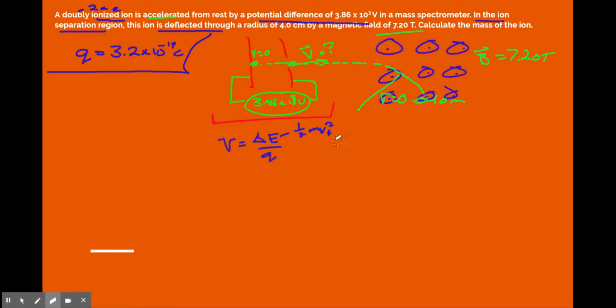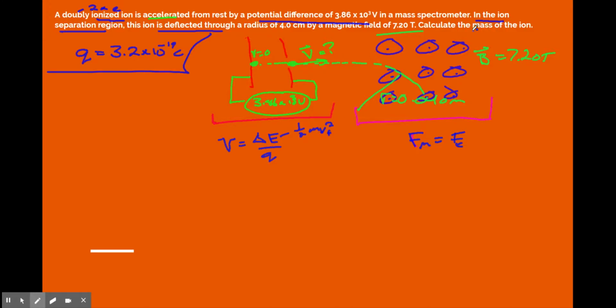Then we have the second region in here, in which we have a magnetic force causing circular motion. So F_m equal to F_c. So we can start to pull out different equations where it's necessary.